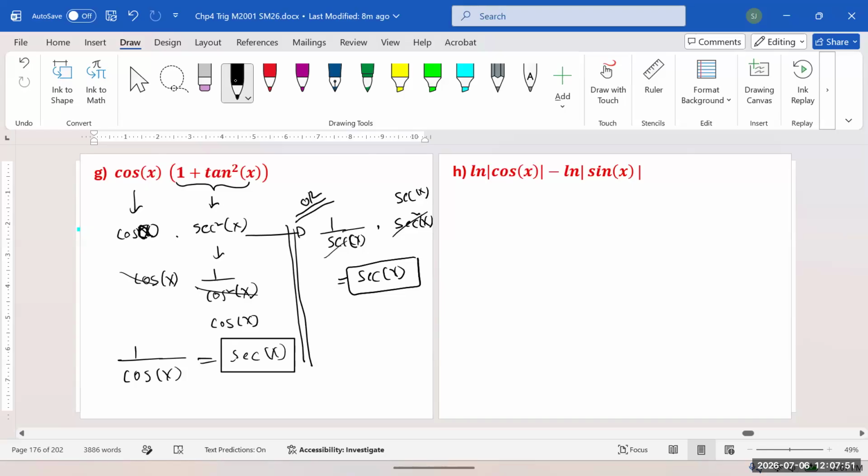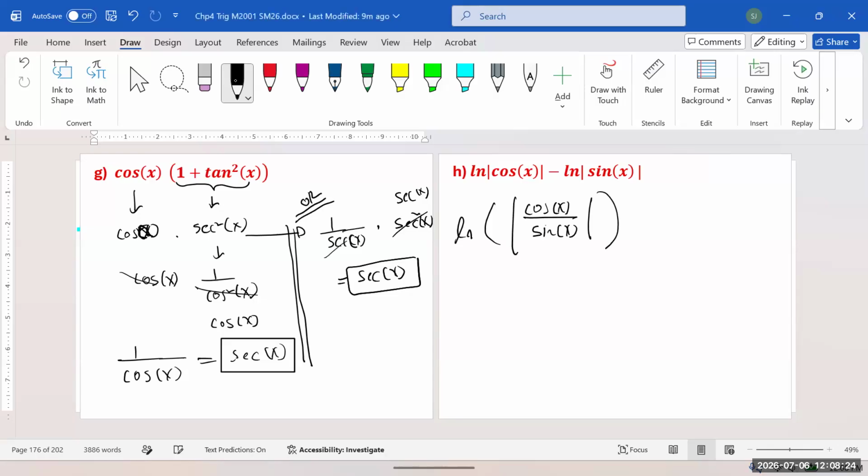Okay, Ellen, the log. Which properties can you think of when you see this question about log? Log has so many properties, right? Does it remind you of anything? ln of cosine divided by sine.